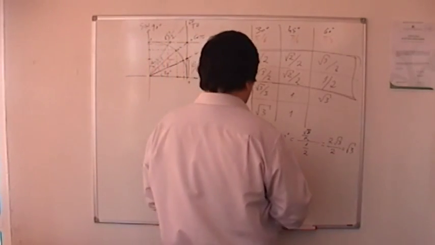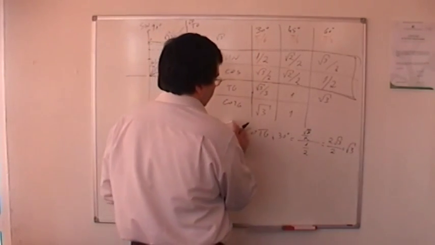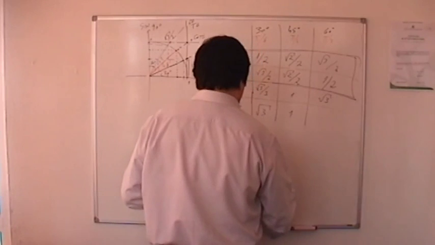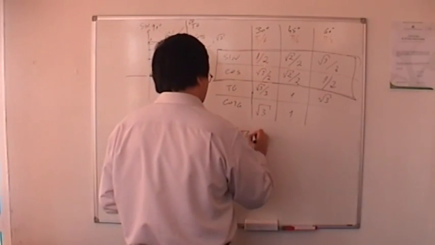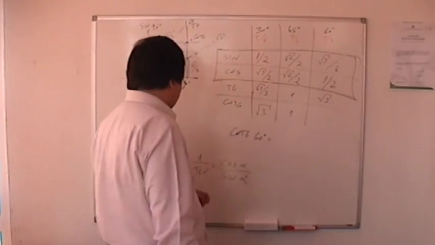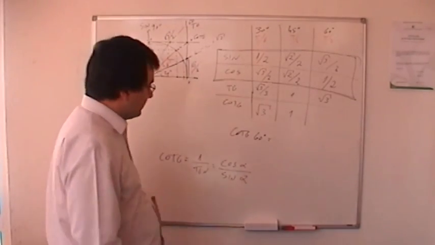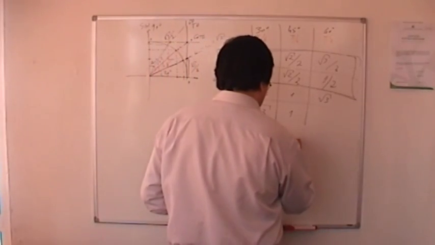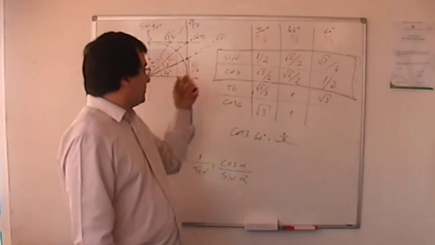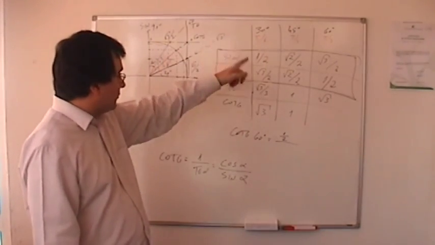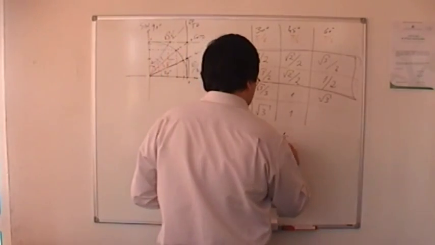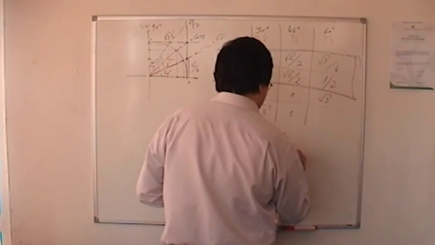Now for 60 degrees, the cotangent of 60 degrees will be given by cosine of 60, 1/2, over the sine of 60, which is square root of 3 over 2.